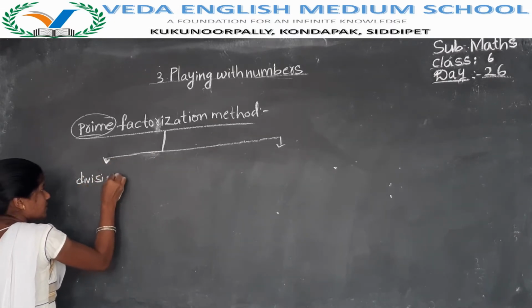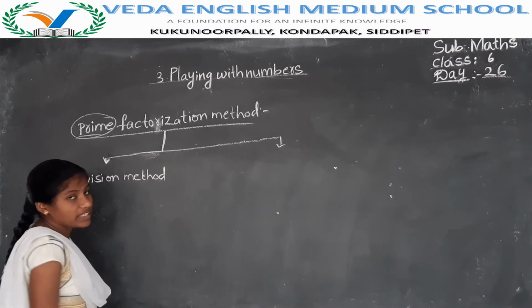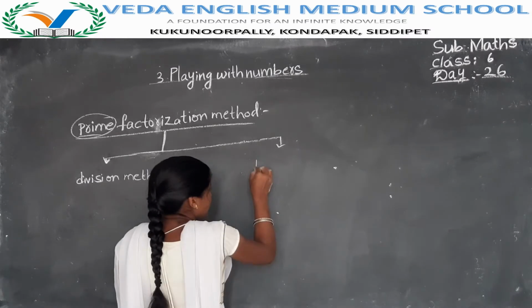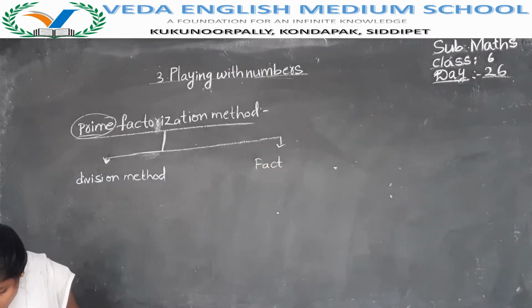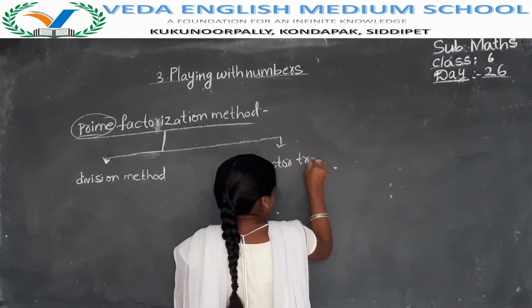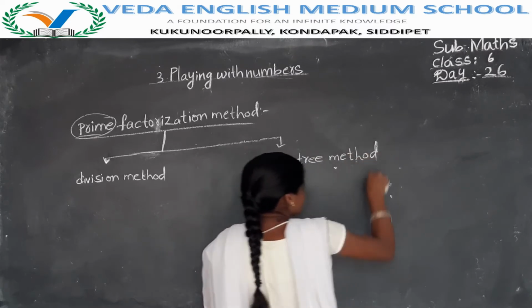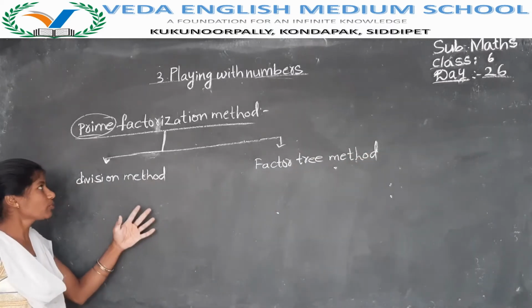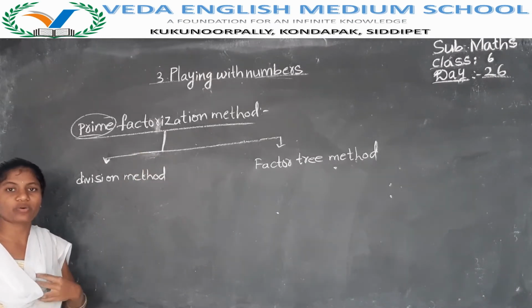Another one is the factor tree method. By using these two methods, we can find the prime factorization. But in these two methods, we have to use only prime numbers.